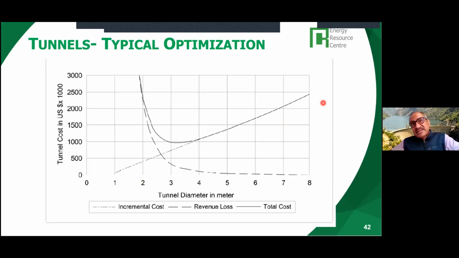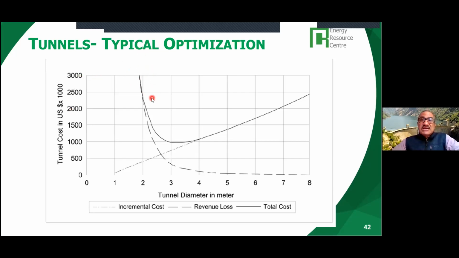But the revenue loss, when the tunnel diameter is 2 meter, is something like this, just as an example, 3 million US dollars. And this is basically the revenue loss.